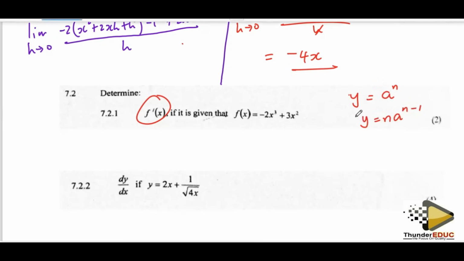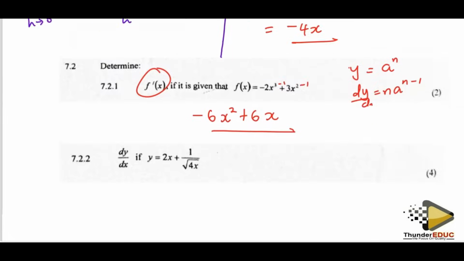That's the rule that we're using to find the derivative. So that's going to be negative 2 times 3, that's going to be negative 6x. Then we subtract 1, that is squared. Then 3 times 2 is going to be 6x, 2 minus 1, just that. Then that is our answer for that.